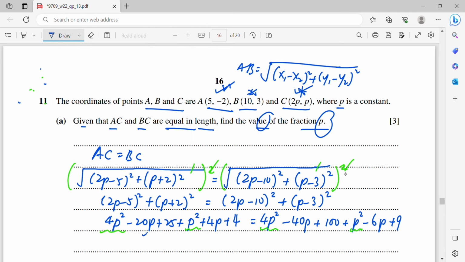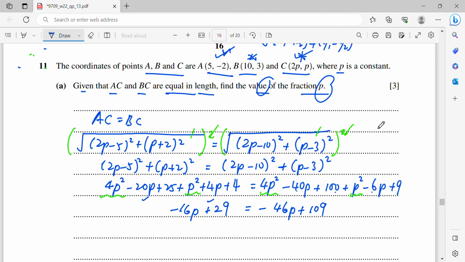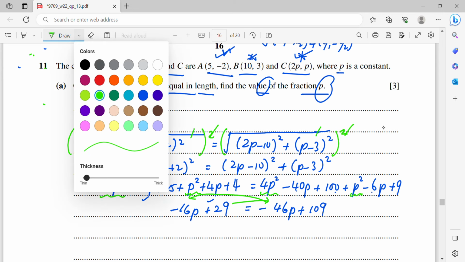So minus 20p plus 4p is going to be minus 16p. 25 plus 4 is 29. Then minus 40p minus 6p on the right hand side becomes minus 46p. 100 plus 9 is 109. Okay, so to find p, move the negative 46p to the left hand side, and move the 29 to the right side.